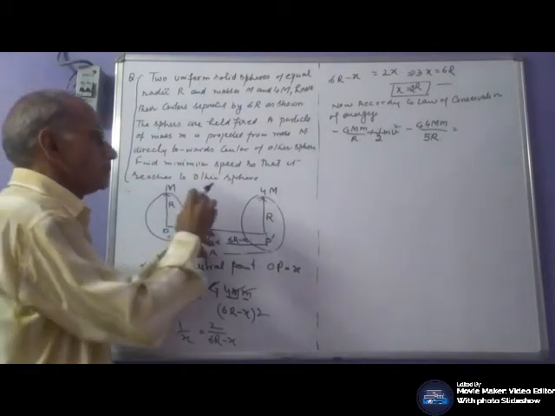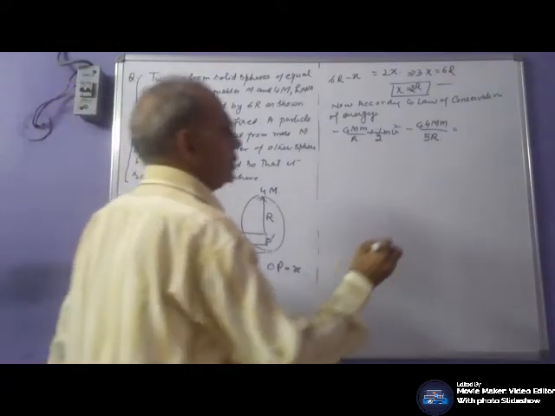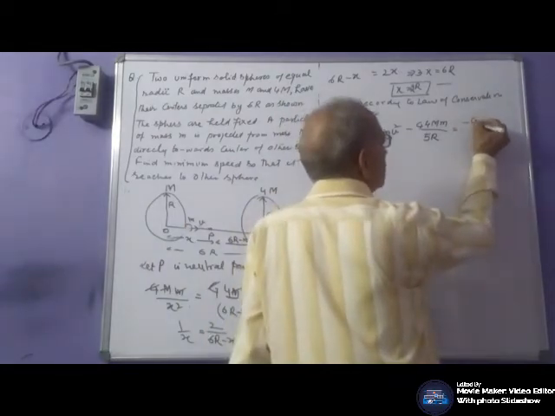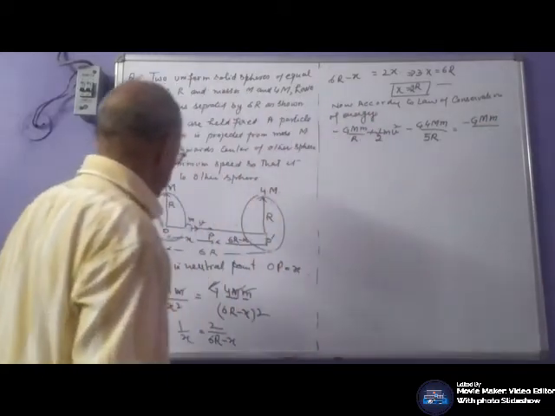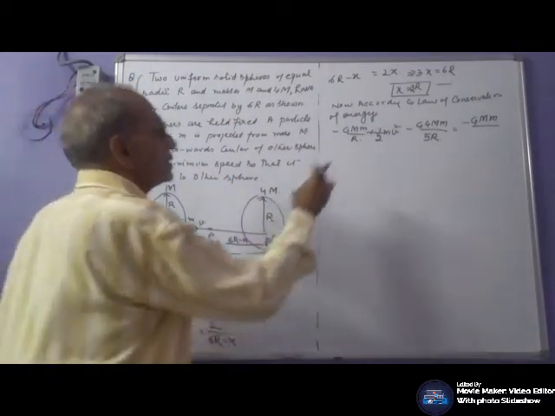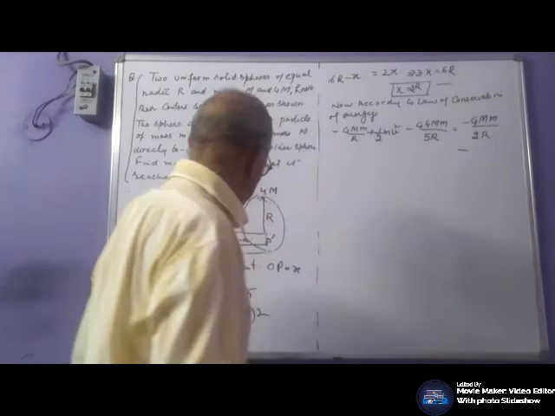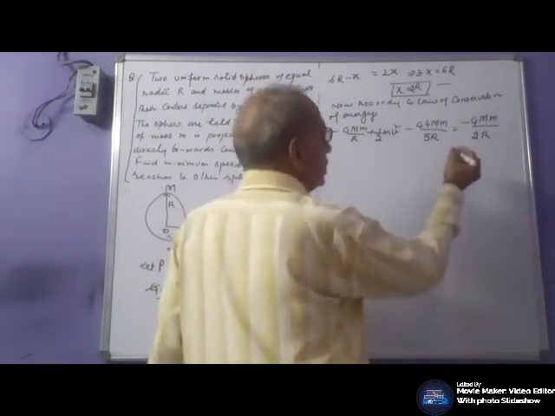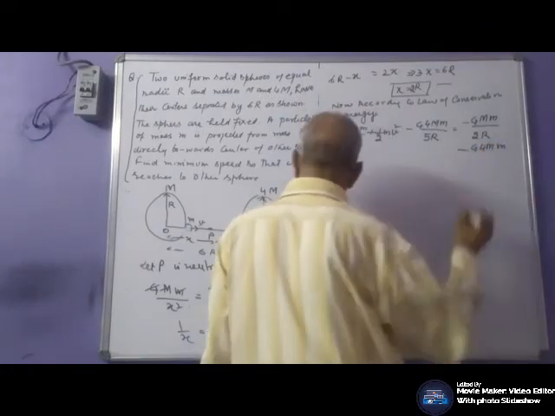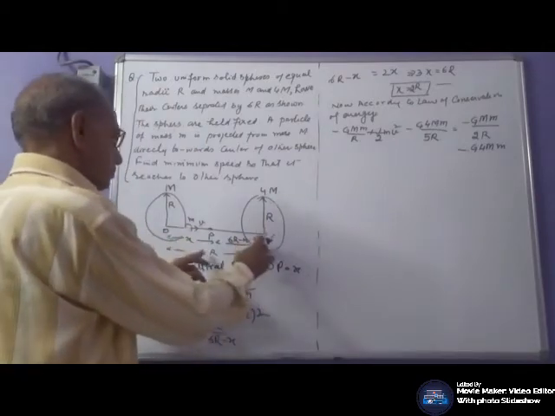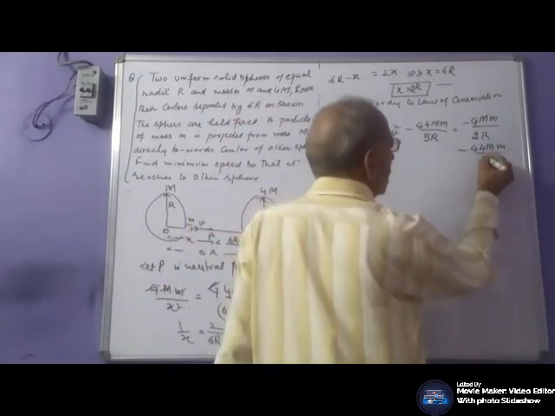Energy due to this at P is minus G capital M small m by x. Here the distance is x, which is 2r, minus, due to the other sphere, G 4m M, this distance is 4r. If this is 2r, this is 4r.